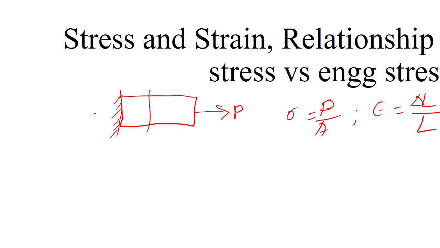For engineering strain, for example, we have a specimen and we load it onto the UTM, the universal testing machine, for analyzing the stress strain curve of a particular material which you have developed, imagine.